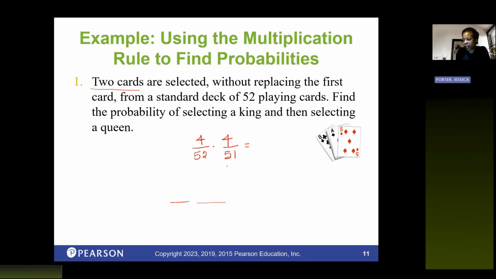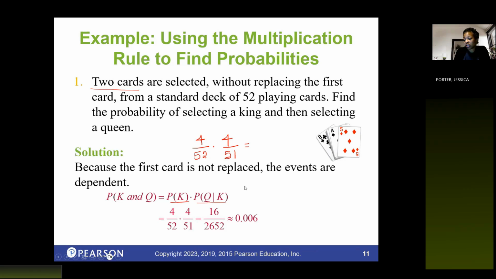This is the probability of B given that A has occurred, and the probability of A is selecting a king. Yeah, they are dependent events. And that is 16 divided by 2,652.